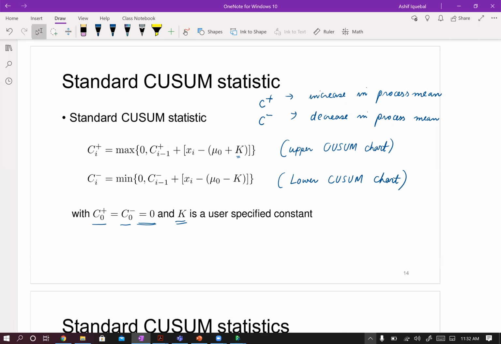So you can see that this value of Ci plus will always be greater than or equal to 0. Does everybody see this? It's the max of 0 comma the second term. And the value of Ci minus will always be negative or zero. It is the minimum of 0 comma this whole term, right?